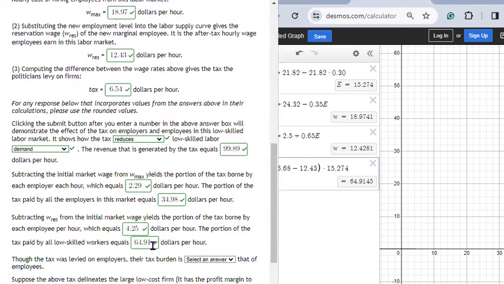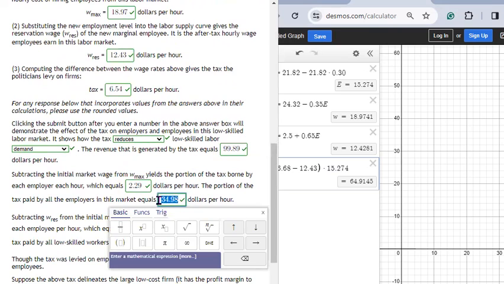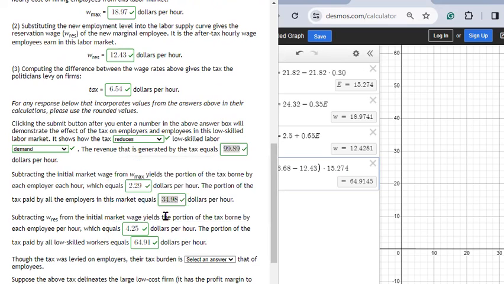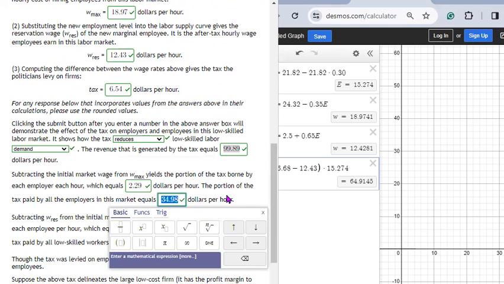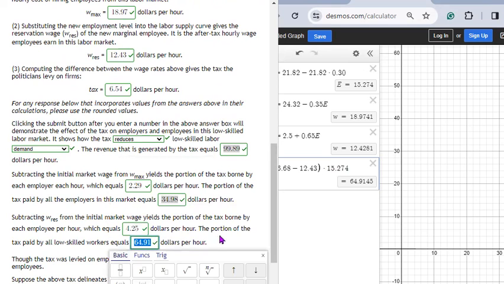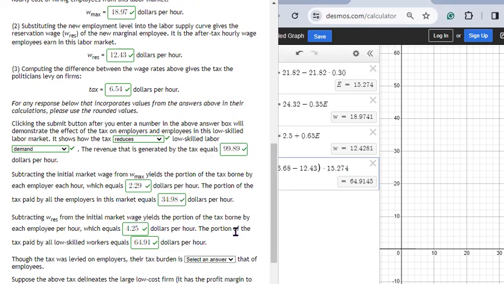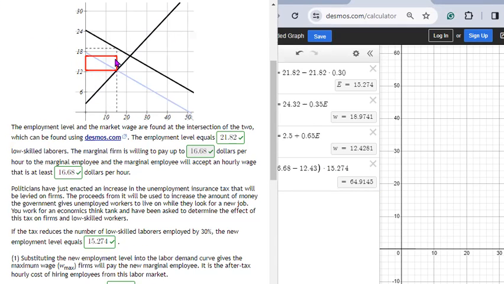Now, another way to calculate this would be to do what? You could subtract the firm's burden of the tax from the tax revenue that government collects. So this 99.89 minus the 34.98 equals the 64.91, right? So this plus that equals the tax revenue government collects, right? So this red box shows the burden that the employees pay is larger than the tax burden of the employers.